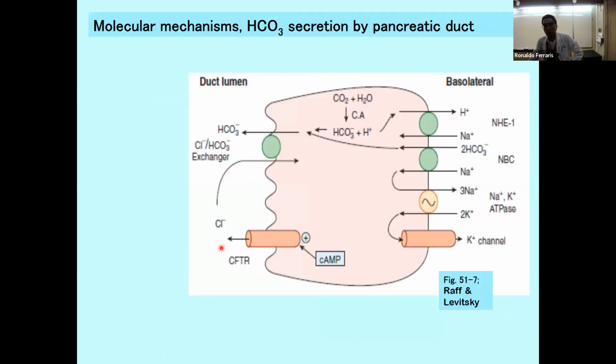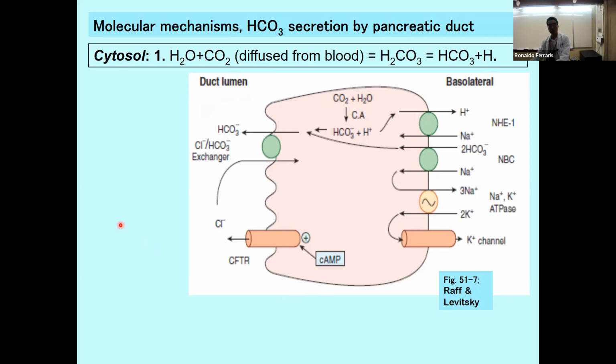So what is responsible? We now know that bicarbonate is being secreted. In the stomach, we had the parietal cell responsible for acid secretion. Here we have the pancreatic duct cell responsible for bicarbonate secretion. This is the food side, this is the blood side, this is your basolateral membrane.